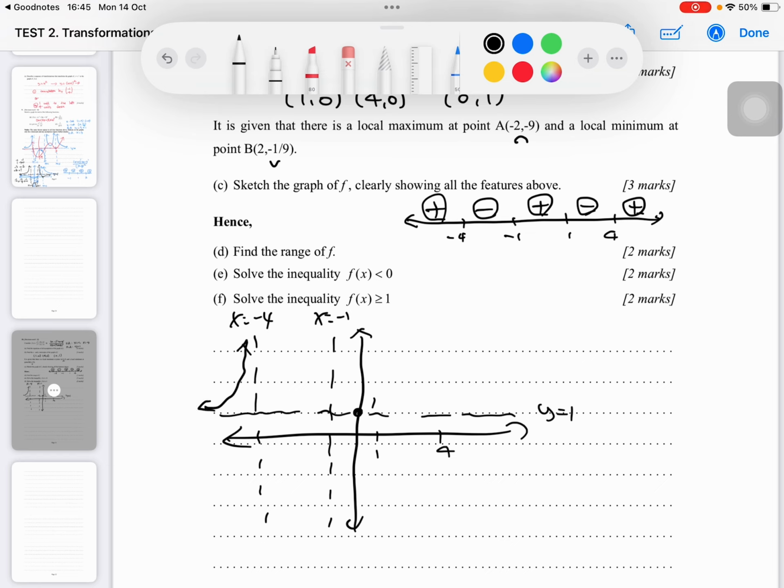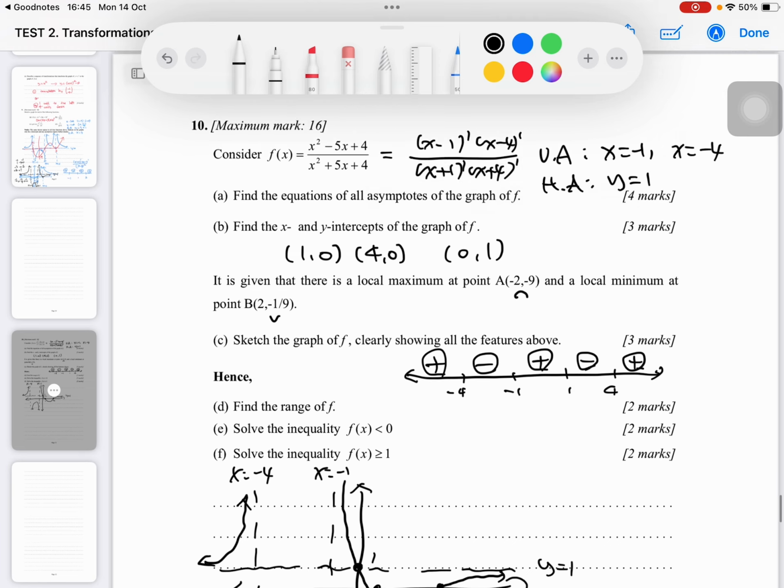And we know already all those asymptotes. And between -4 and -1 is minus. And between -1 and 1, positive. But 1 should be 0. 1 to 4, negative. And positive. But we need to go to this asymptote. So this is the graph of f of x.